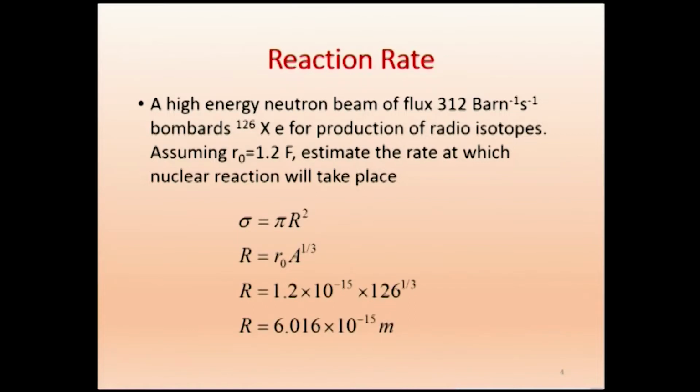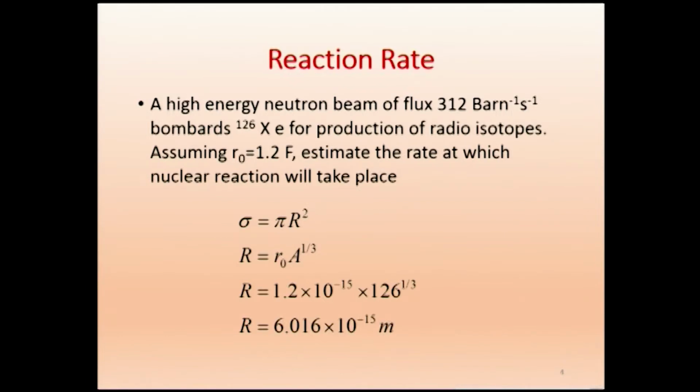Based on that we will work out a problem. A high energy neutron beam of flux 312 barns per second bombards Xe-126 nuclei for production of radioisotopes, maybe for medical purposes. We assume the radius constant R naught is 1.2 Fermi. We are asked to estimate the rate at which the nuclear reaction will take place.